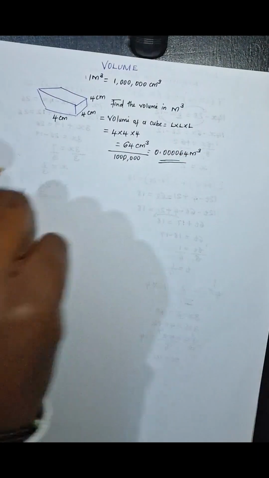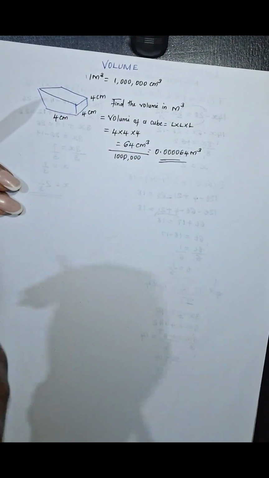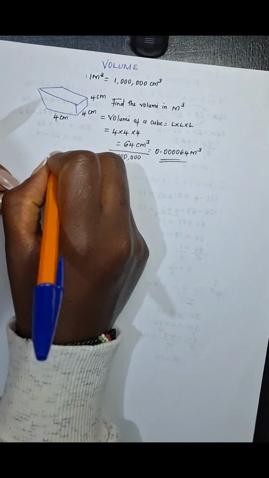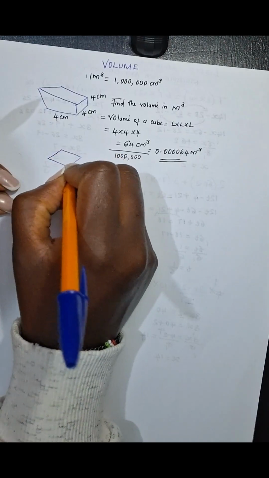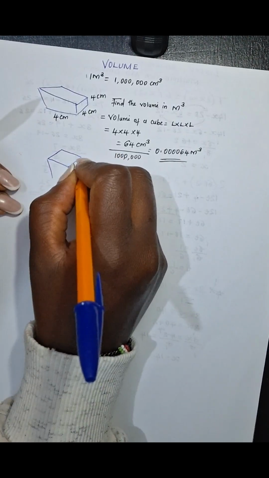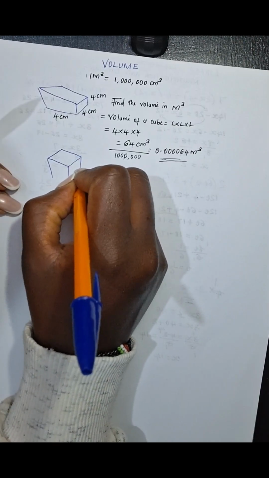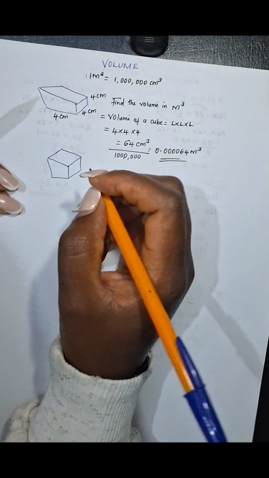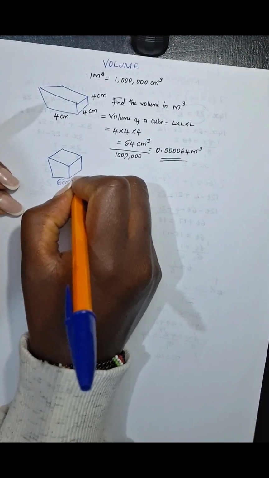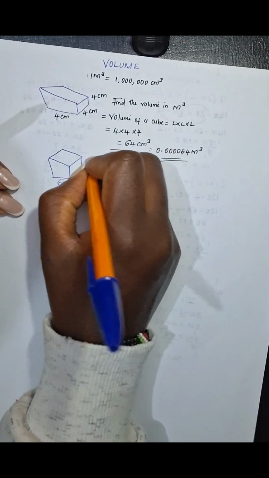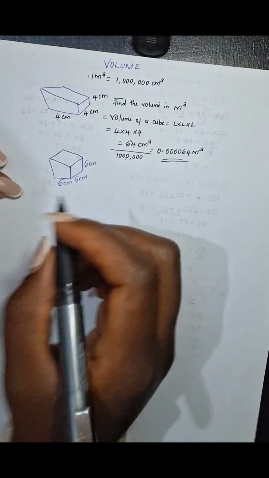Now let me draw a cuboid. Let me first draw for you a cube that looks like this. Imagine you have this cube. Yes, this is now a cube. So imagine you have this. It has 6 centimeter, 6 centimeter. If you see one that has a similar length, just know it is a cube.